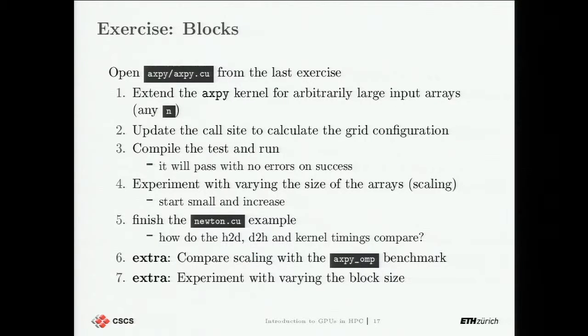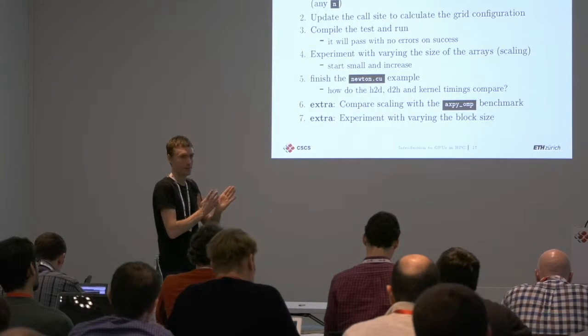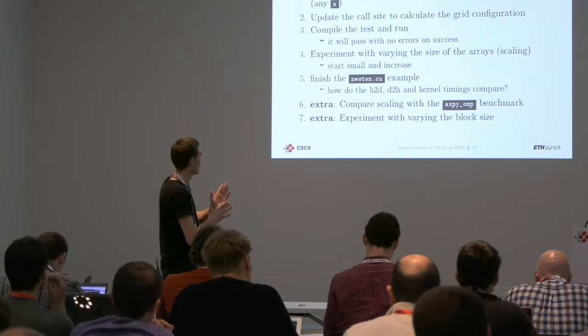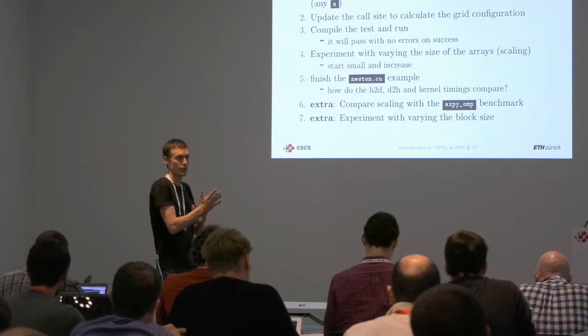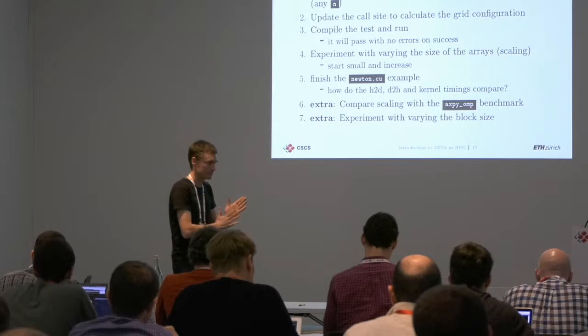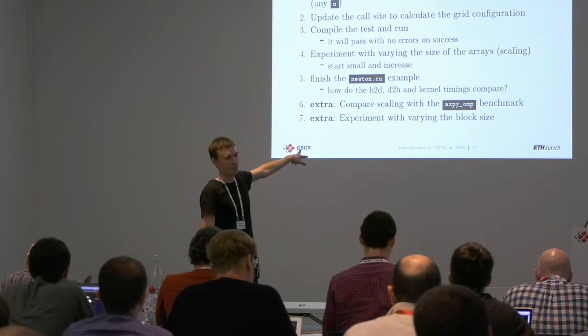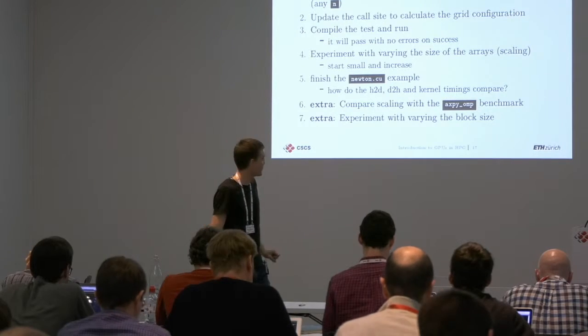The last one is AXPI OMP, which is an OpenMP implementation. So you can try to compare how fast OpenMP is versus CUDA, comparing one of our Intel processors with 12 cores to one of our CUDA GPUs. And also, if you want to, you can experiment with the block size, 64, 128, 256.